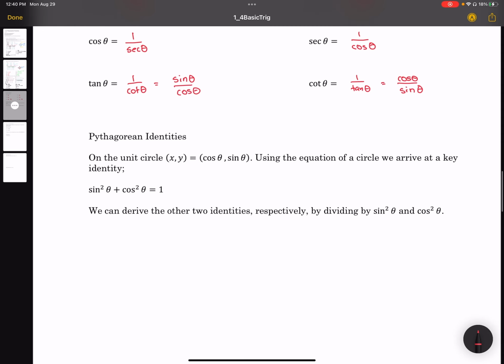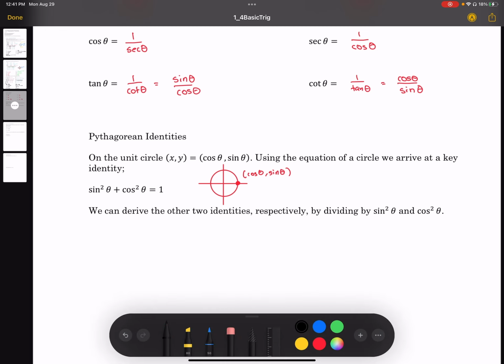One of the fundamental identities we use is the sine squared plus cosine squared equals 1 identity. And we get this from the unit circle. So on the unit circle, we know we have this point cosine theta, sine theta, and because we're on the unit circle, we know the radius is 1.